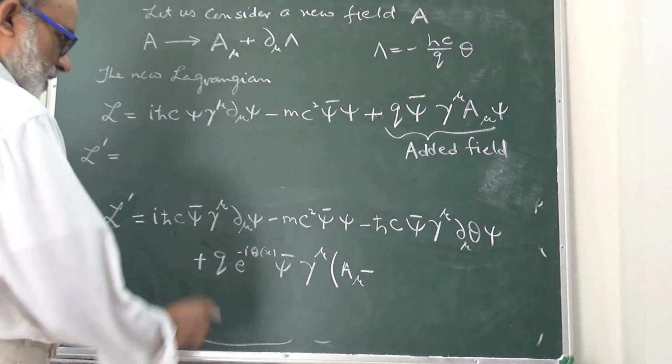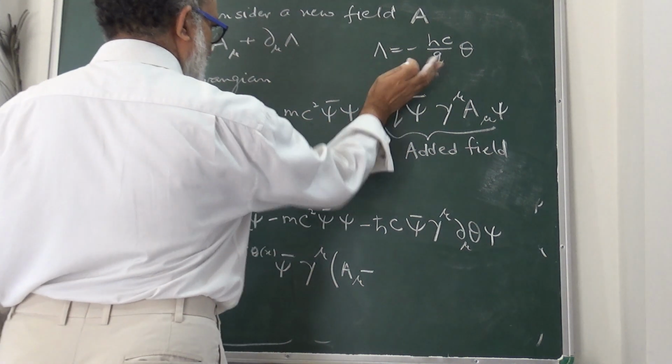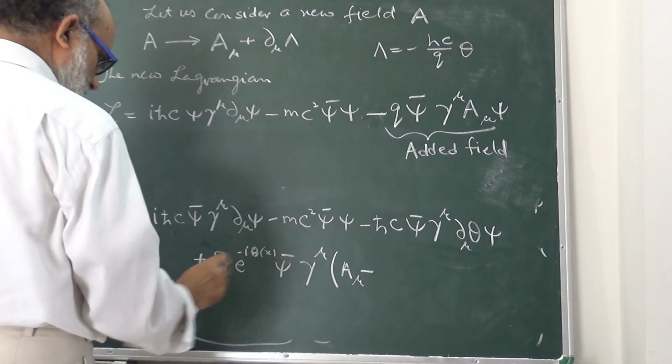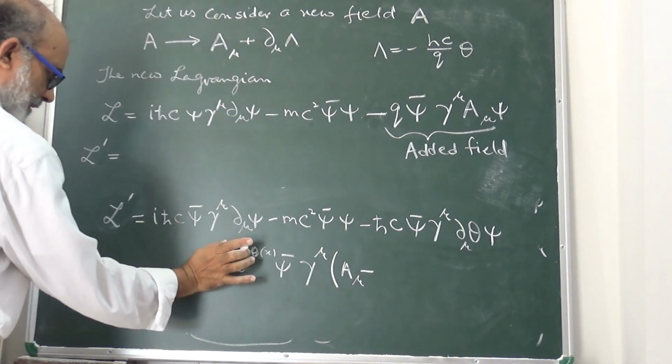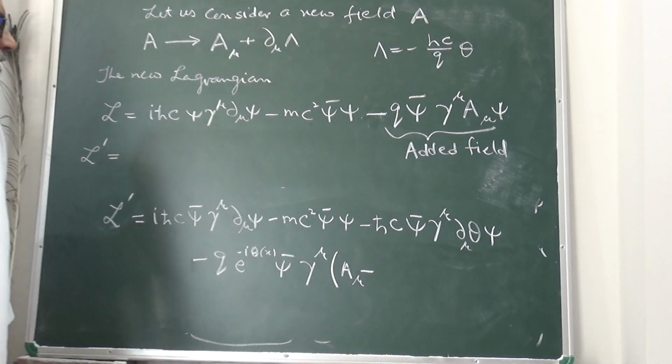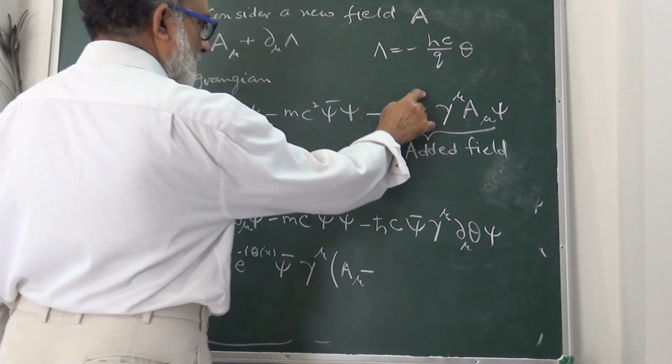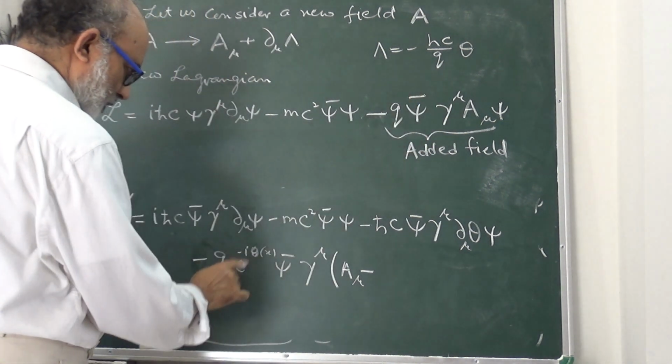It's already minus. It was minus. So it is Q, the transformed part of this is e to the power minus i theta.